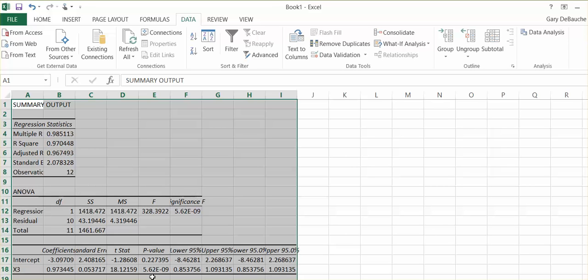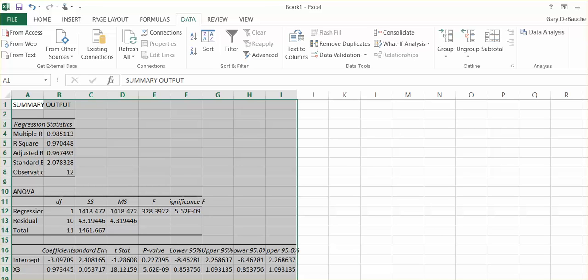The p-value is 5.62 to the negative 9. As we know, we would have to move our decimal point over 9 places. Very small p-value, which of course is less than our level of significance, and we would say yes, x3 is significant. There is a very strong relationship between y and x3, so this will be kept into the model.